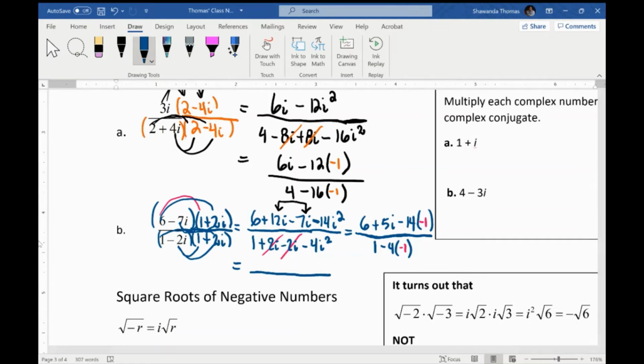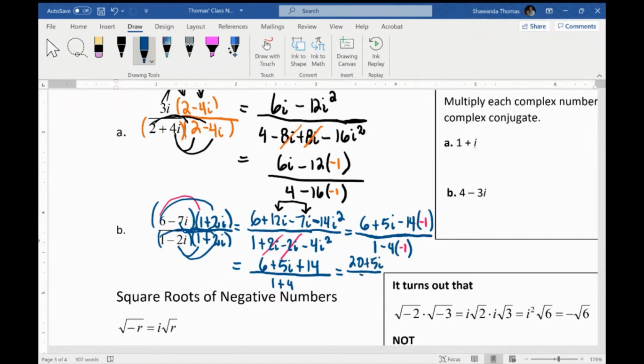All right, now did you write 6 plus 5i plus 14 over 1 plus 4? Tell me what's in the numerator now. 20 plus 5i over 5. Very nice.